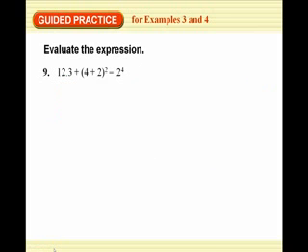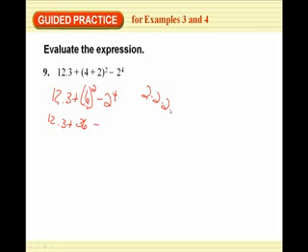Okay, number 9. We do parentheses, which is right here. That's 6 squared minus 2 to the 4th, plus 12.3. So we do 6 squared, which is 36, minus 2 to the 4th. So that's 4, that's 8, that's 16.